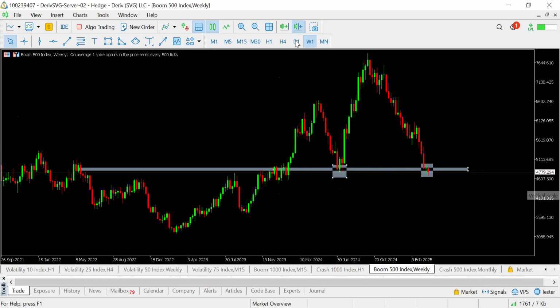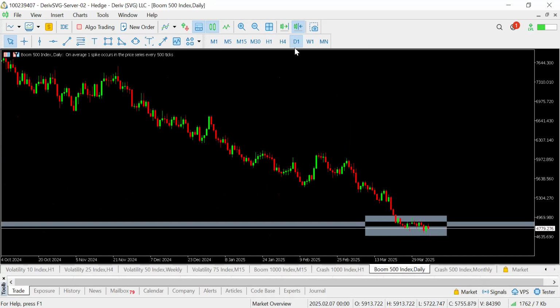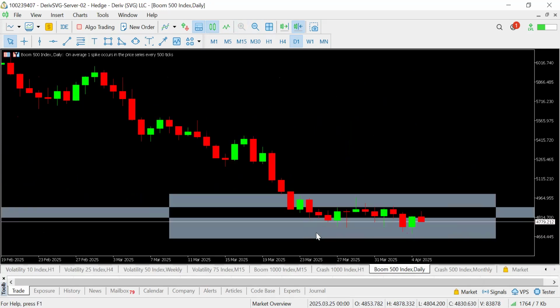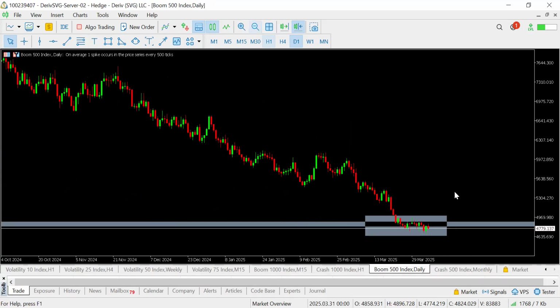And if I go to the daily time frame, you see now that the market has gone into a range. So for 1, 2, 3, 4, 5, 6, 7, 8, 9, 10, 11, 12, 13, for the past 13 days, the market has been what? Ranging.